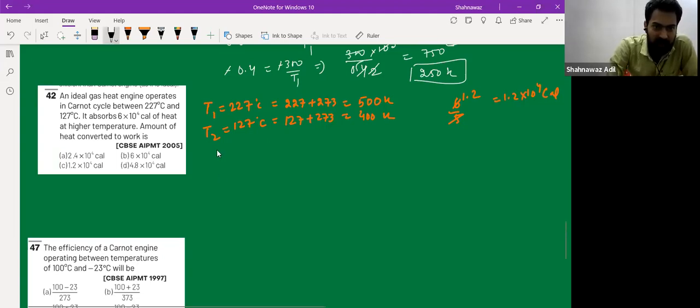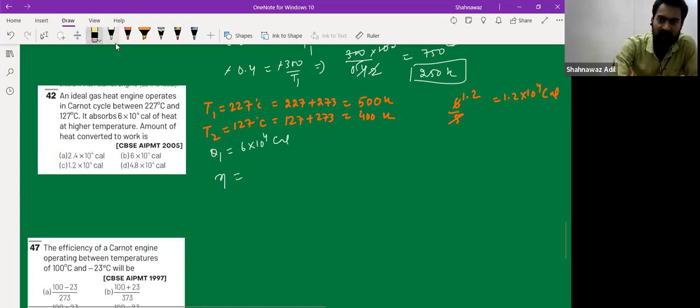It absorbs 6 into 10 to the power 4 calorie of heat at higher temperature, so Q1 is given: 6 into 10 to the power 4 calorie. And we need the amount of heat converted to work. So what do we know? We know that eta is how much?